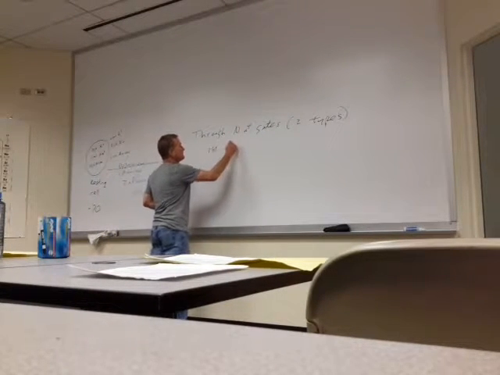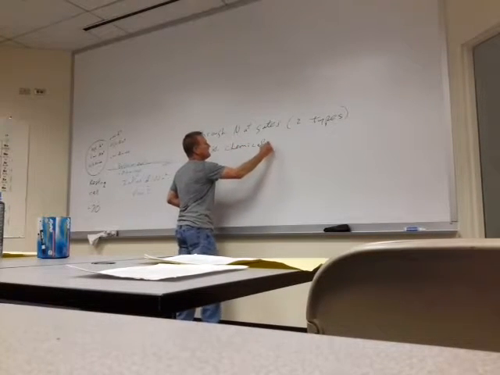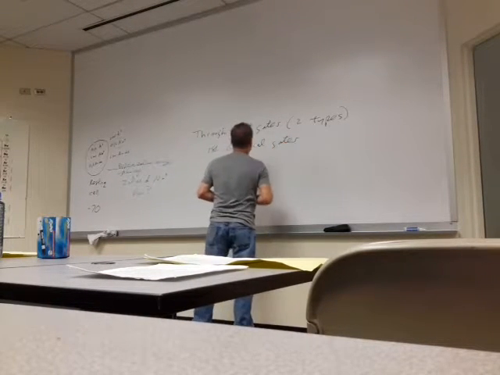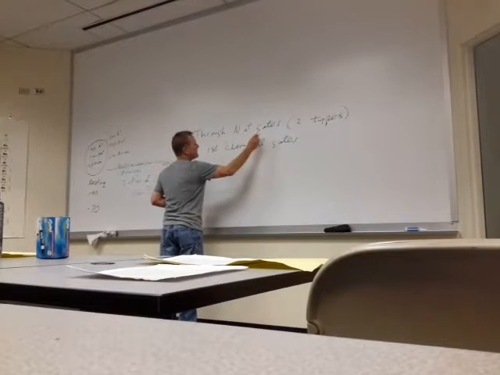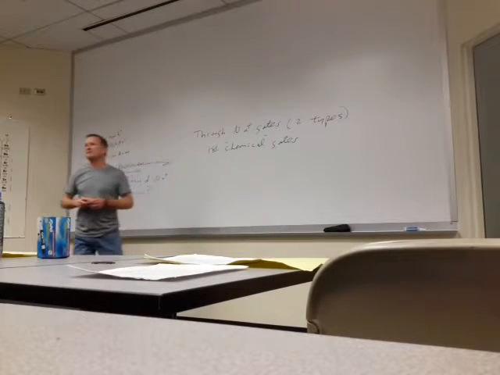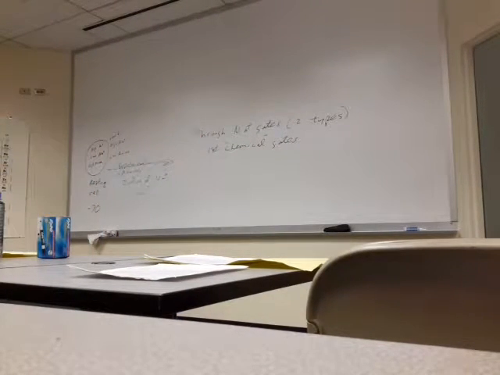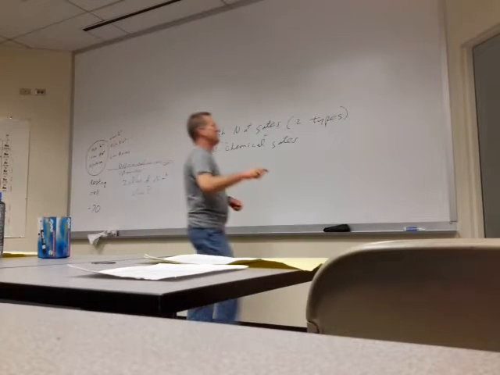First, chemical gates. I'm using the word chemical very loosely. It does not have to be a solution in a bottle. You've also got the graph in front of you from Monday.